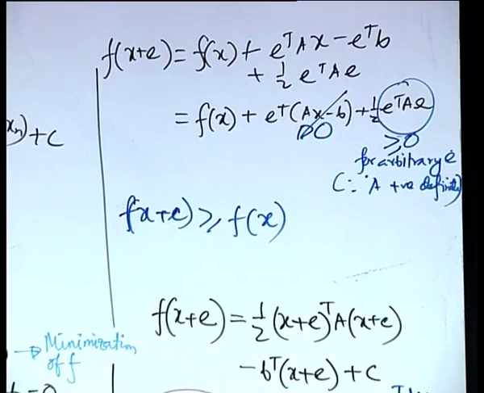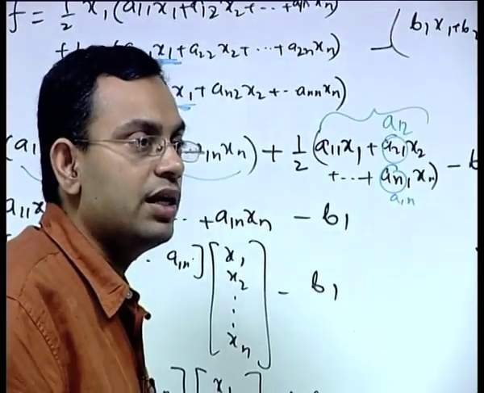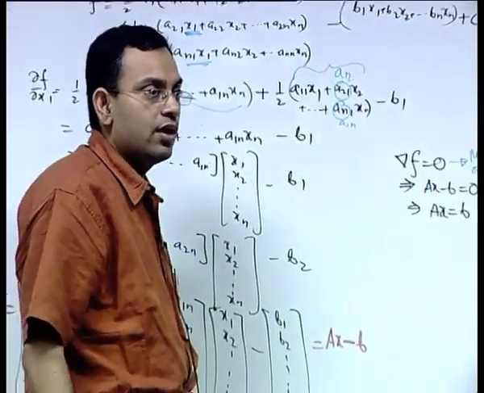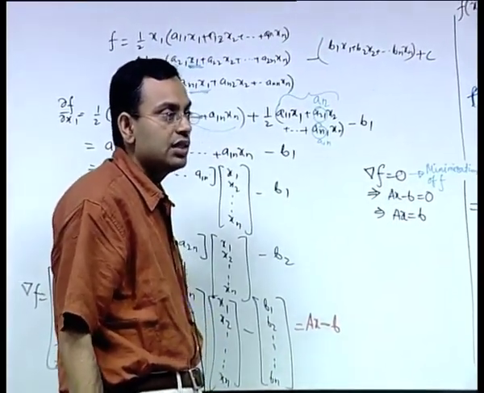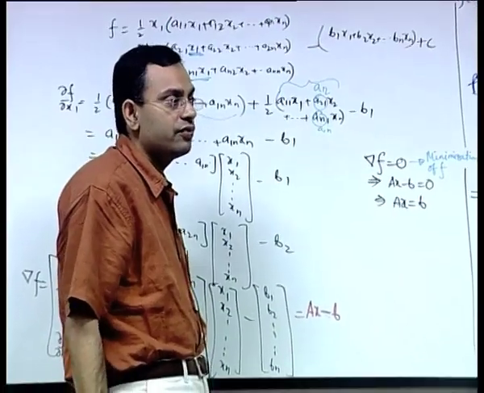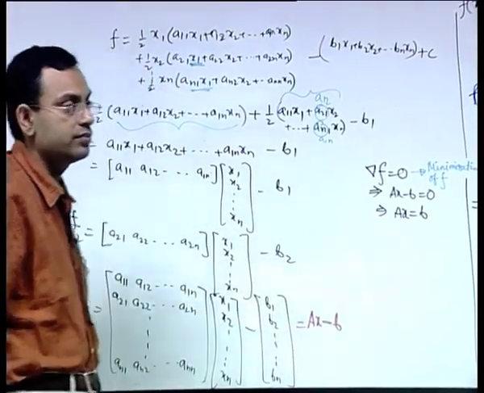Okay. So what can we summarize from this discussion? We can summarize that if we construct a function f as half x transpose A x minus b transpose x plus c, where A is a symmetric and positive definite coefficient matrix, then minimization of f corresponds to the solution of the system Ax equal to b.